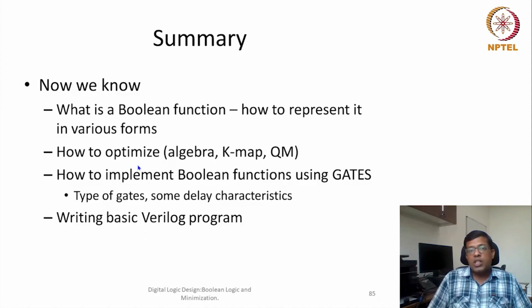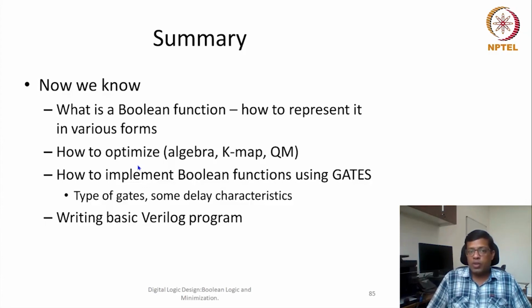After understanding Boolean functions and Boolean algebra, we have seen how we can optimize a Boolean expression, how we can reduce the number of product terms, sum terms, or literals. We can do that either using algebra, or using a graphical representation like the K-map, or a tabular representation like the QM method.